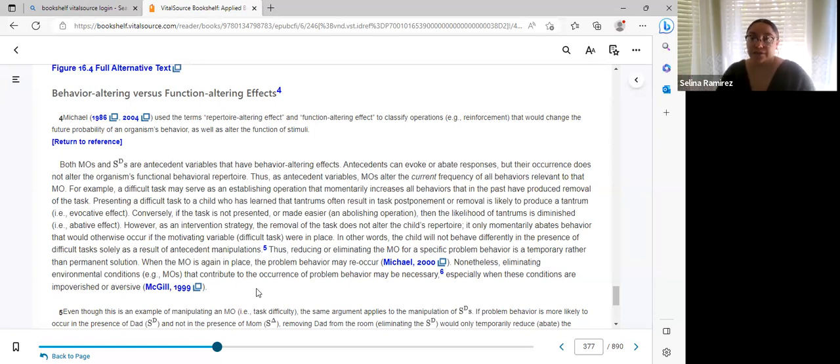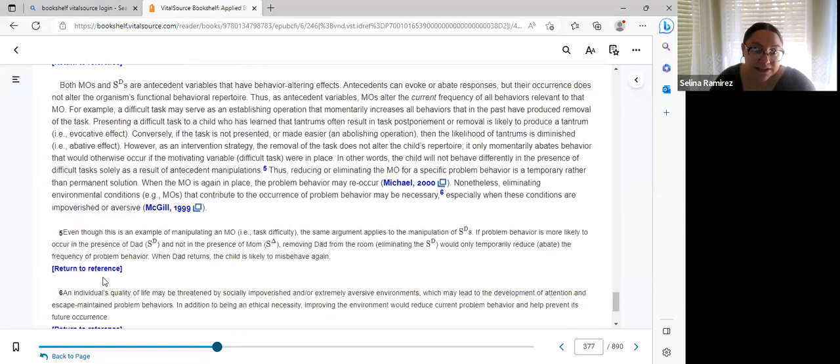Or we're going to give him frequent breaks from work, or make his work a little bit easier so he won't have to run away. All of those are your antecedent-based strategies, but you also want to make sure that you have a consequence-based strategy, because what happens if all that stuff that you did doesn't work and he still runs out the door? So consequence-based strategies are also very important.